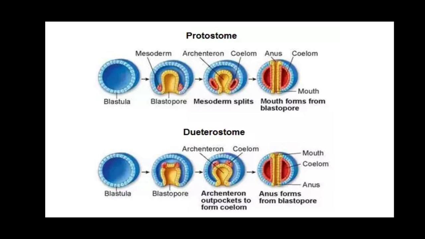These two groups of organisms have been classified on the basis of the embryonic development of an organism. And these protostomes and deuterostomes have been classified on the basis of the cleavage formation and the fate of the blastopore.